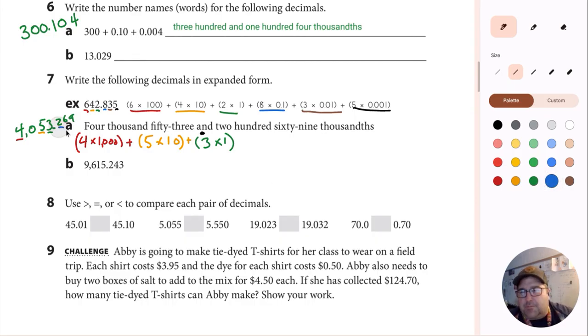We have our decimal, so now we're in the tenths. Zero 0.1s for the tenths, yep. And then 6 is in the hundredths spot, so 6 times 100th.